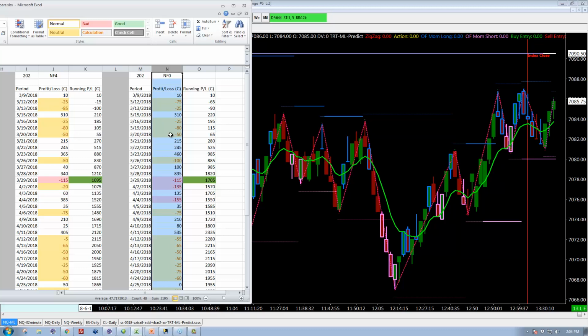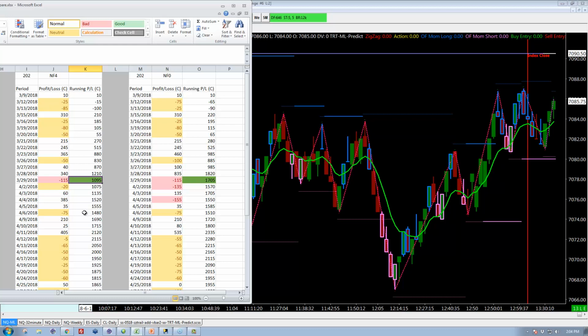Using a noise filter of 0, in other words, don't do anything to try to stay out of the chop, just use this method of, is the bar completely above or completely below the 9 EMA. This is the result for March. And then with a noise filter of 4, so trying to stay out of the chop, that's the result.